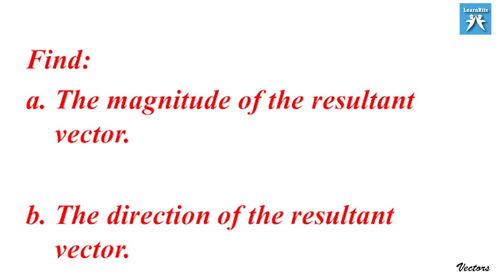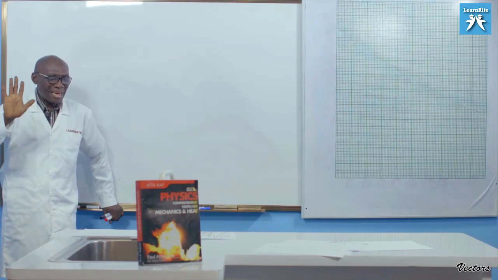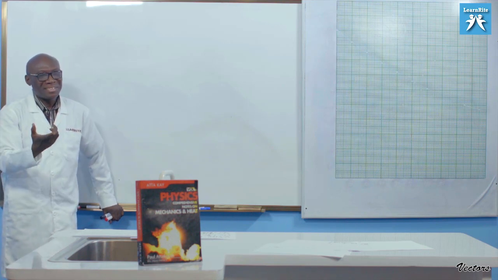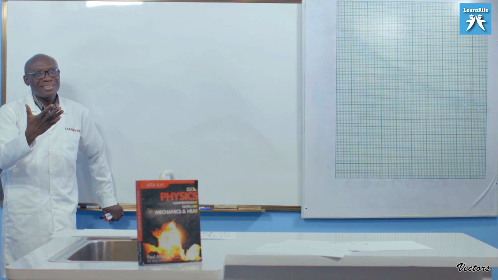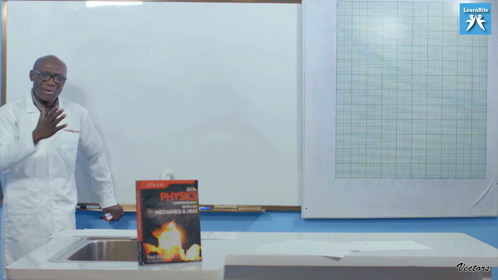The B part says find the direction of the resultant vector. I hope you are reading along with me on the screen so you don't have any problem. Now let's go ahead and solve it.